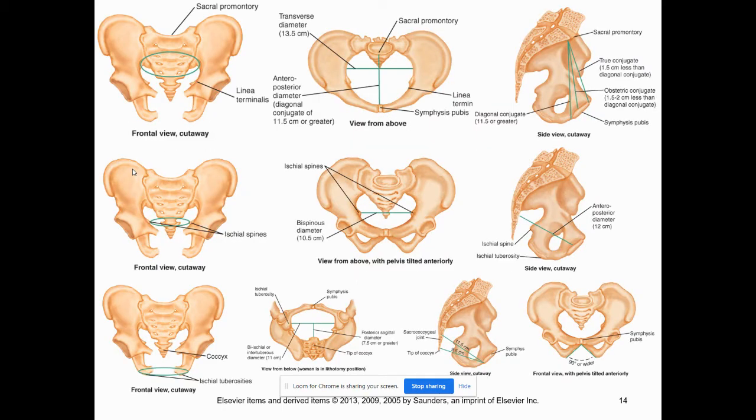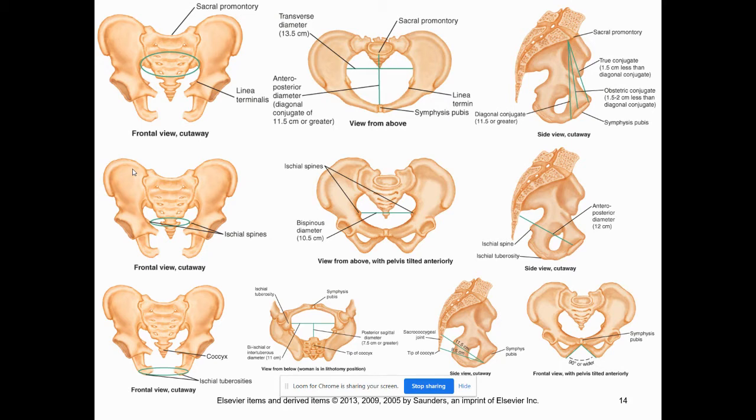This is a diagram of the pelvic proportions, and you can see that there are different diameters between different anatomical aspects of the pelvis.